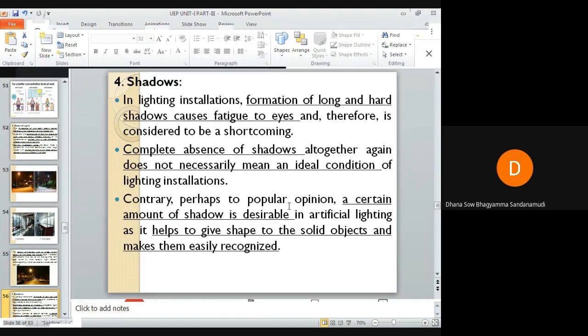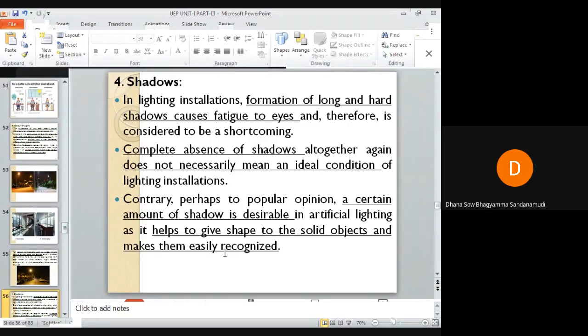Okay, next is shadows. When light falls on an object, definitely you can see shadows. But it is observed that long and hard shadows cause fatigue to the eyes, so the shadows should be shortened.